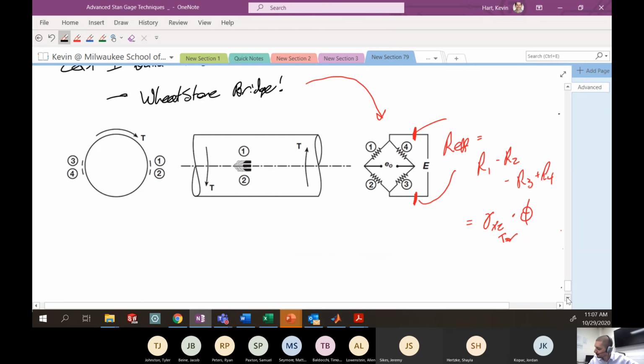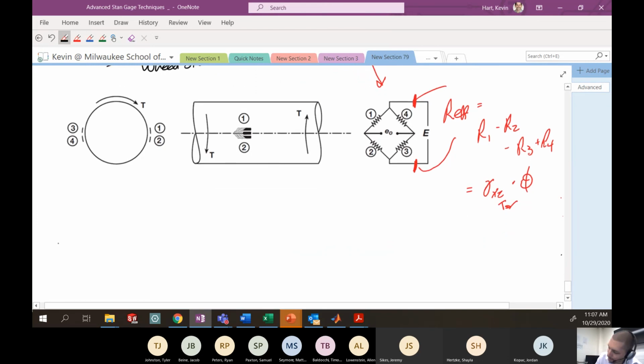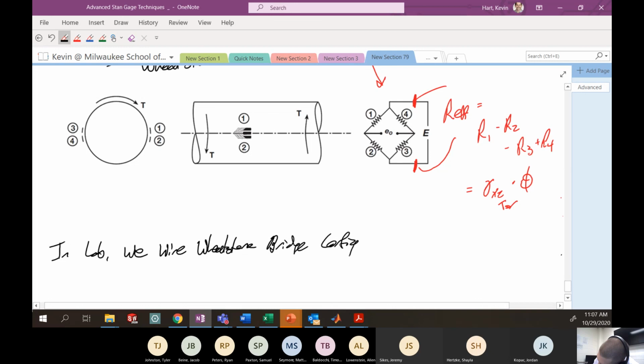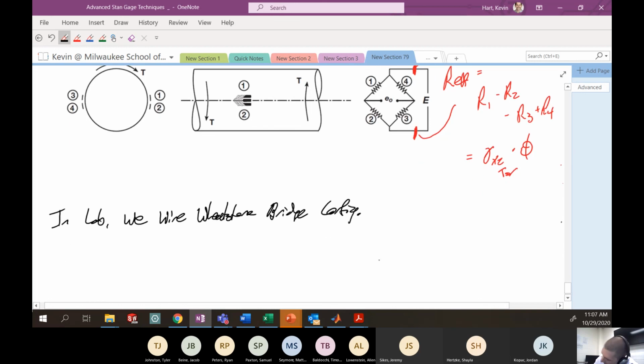All right. So in the lab, we wire the Wheatstone Bridge configuration, and input the gauge factor and the initial resistance of gauges into strain boxes.